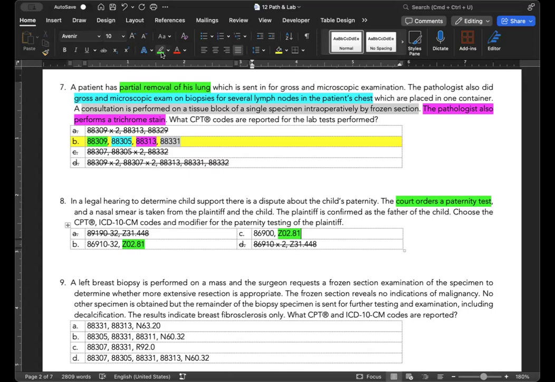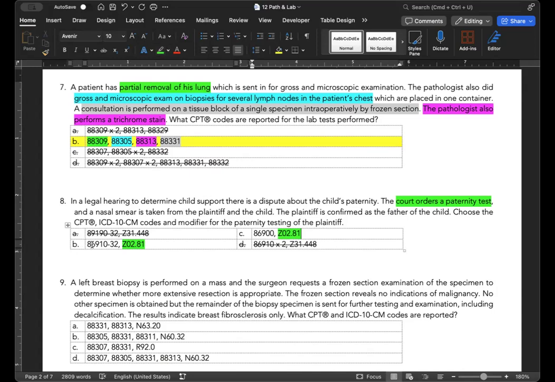Oh yeah, you're right. But which one matches the closest for the testing scenario? B. 86900 is just typing for the ABO. 86910 says for paternity testing.